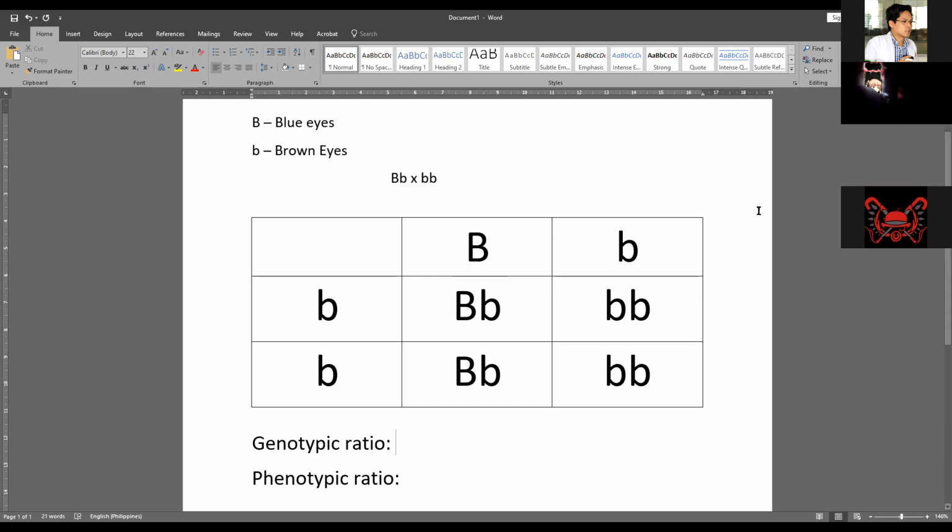You look at, di ba? This is heterozygous. Heterozygous means a mixture of two genes. We have an allele for blue eyes and an allele for brown.